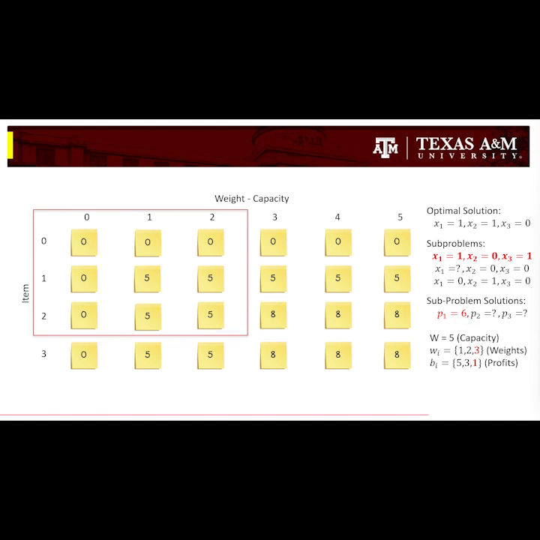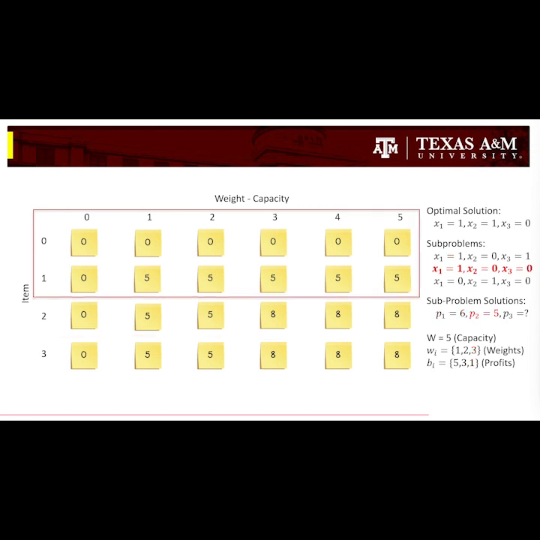So the next thing we're going to do is solve the next subproblem where we negate having item 3 in there, right? And then we negate having item 2, and that means really the capacity of the knapsack is all available. And so when we solve for that, now we're just looking at this part of the table because it's just one item that can be in the knapsack in this example.